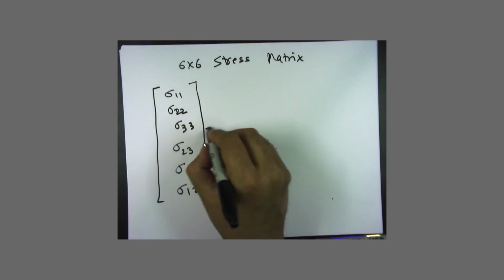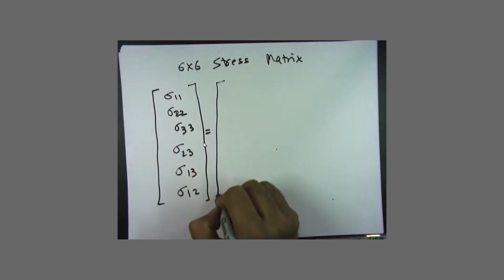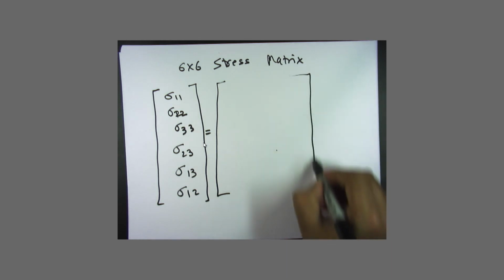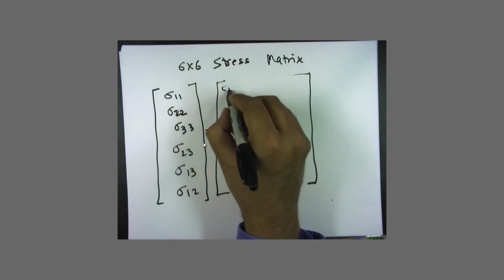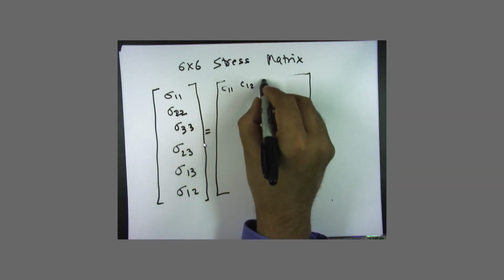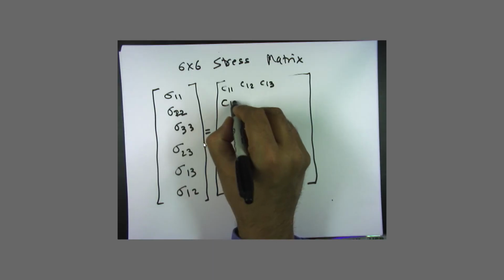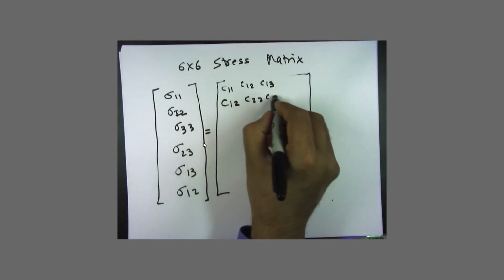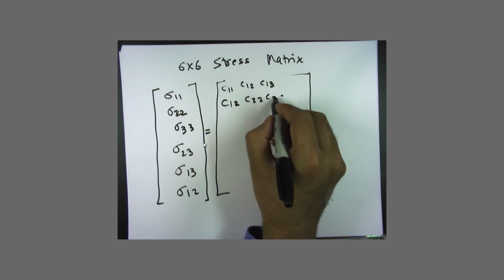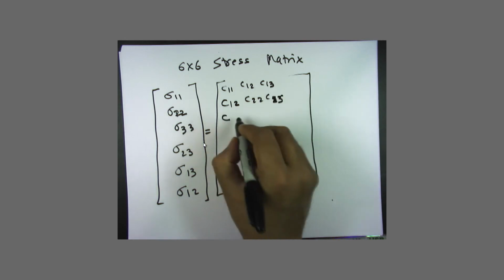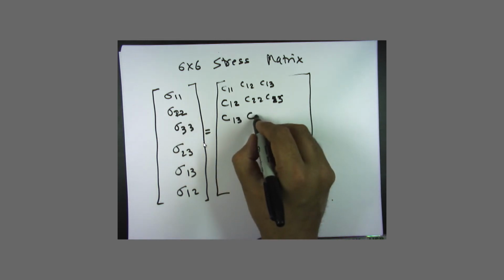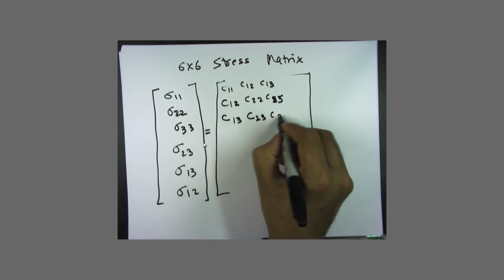Now, you also have elastic constants. So, we are going to put those elastic constants C 1 1, C 1 2, C 1 3, which is coming out of sigma x x, sigma x y and sigma y z. Then C 1 2, C 2 2 and C 2 3, and then you have C 1 3, C 2 3 and C 3 3.